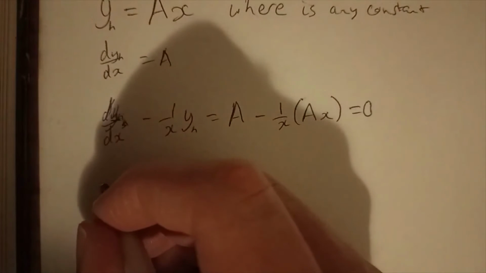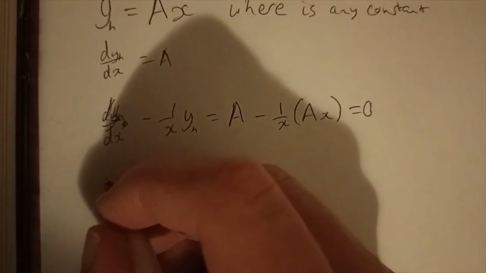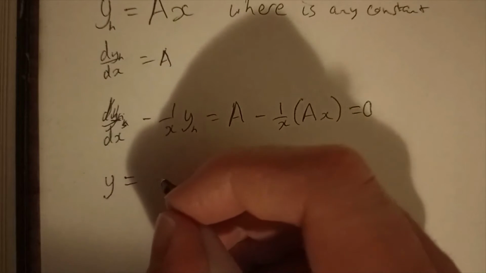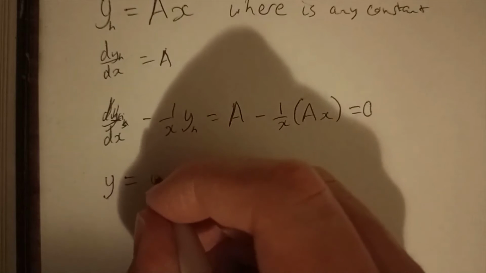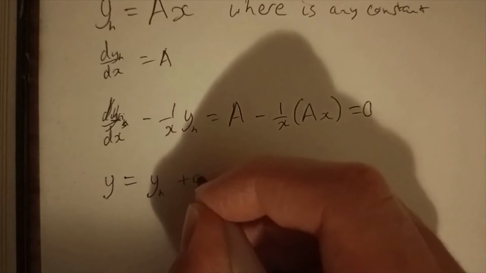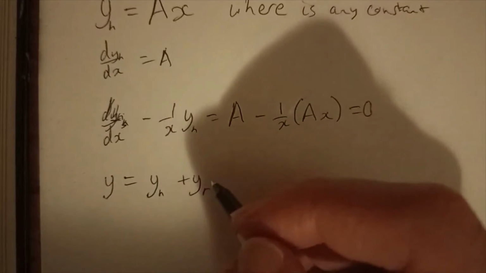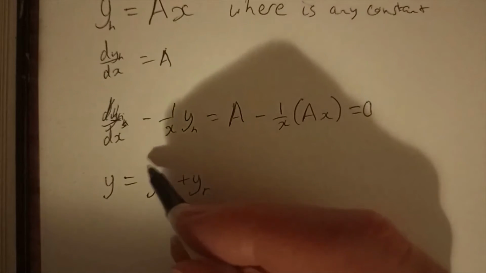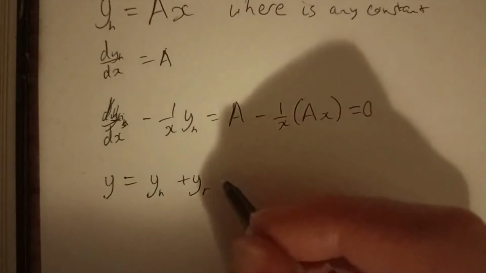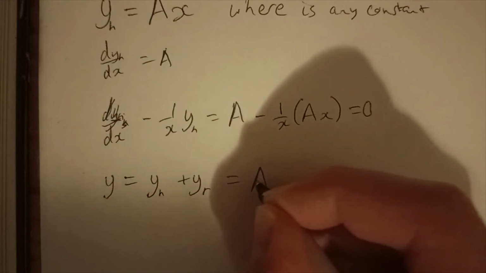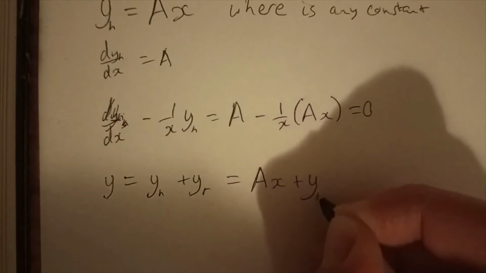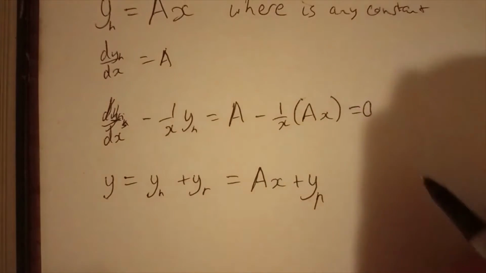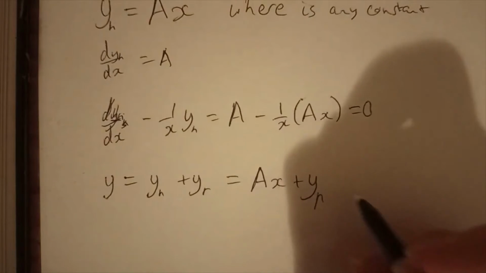So in other words, we're looking for a solution of the form y equals y_h plus y_p, where y_p is our particular solution we try to find, and y_h is just this ax. So that equals ax plus y_p. Now we have to find this y_p.